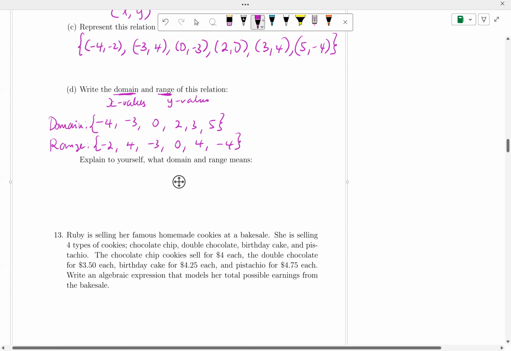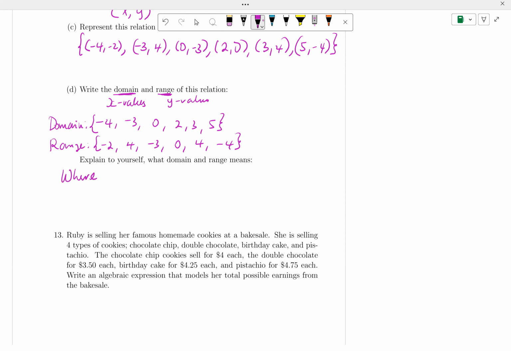Explain to yourself what domain and range means. Domain means where a relation has x values. And range means where a relation or graph has y values.